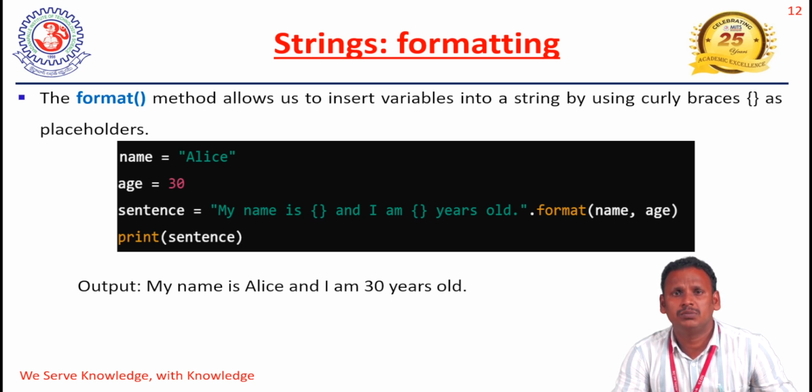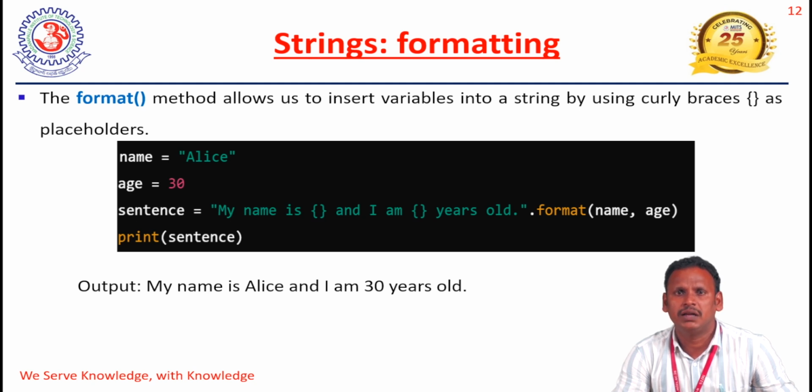There are two variables, one of type string, another of type integer. Then I am creating a variable sentence, and within double quotes I am mentioning: my name is, one placeholder, and I am, another placeholder, years old. So this is your string, and to replace the values inside the placeholders, I am using two arguments. One is name, second one is age.